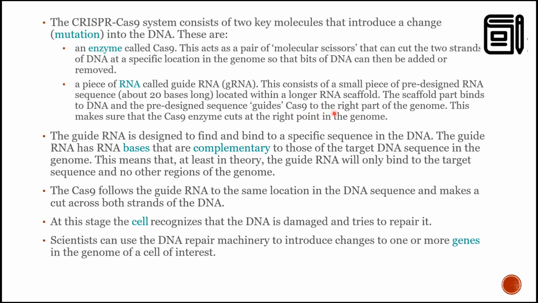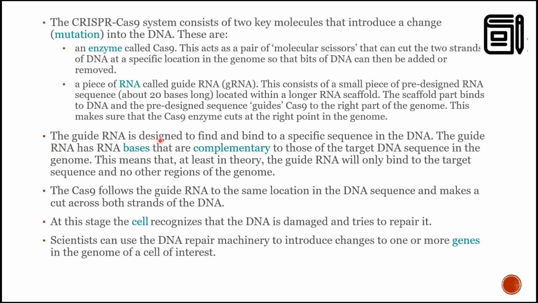The guiding part of the RNA guides the Cas9 to the right part of the genome, while the scaffold part binds to the DNA where we have to make the cut. This makes sure that the Cas9 enzyme cuts at the right point in the genome.